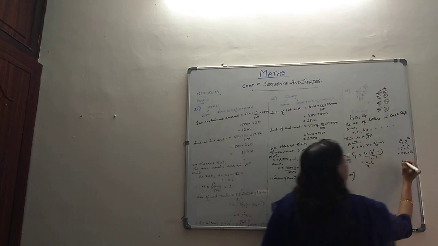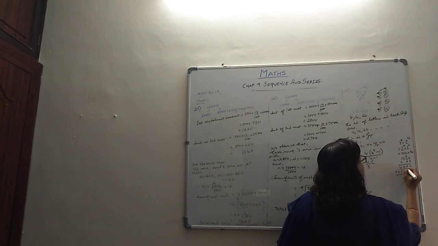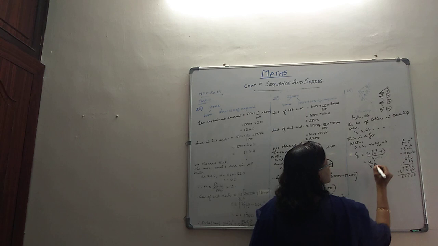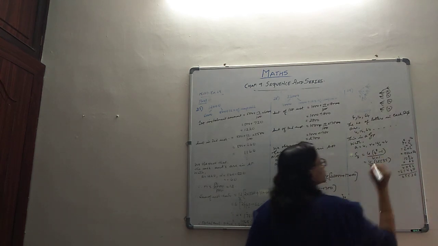So let's see, 1024 into 64. 4 4s are 16, 4 2s are 8 and 1, 9, 0, 4. Here, 6 4s are 24, 2 to carry, 6 2s are 12, 14, 1 carry, 6 1s are 6, 6, 13, 6 5 5 3 6, and minus 1, 6 5 5 3 5.